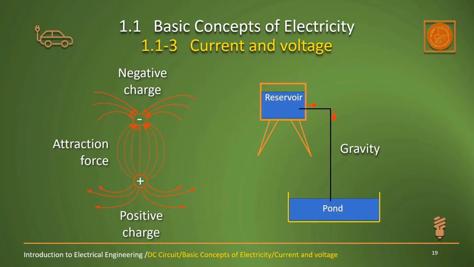This is a negative charge, which means more electrons. This is a positive charge, which means fewer electrons. They have an attraction force, like gravity, so the electrons will go back to the positive. If you put a path between the two charges, the electrons will flow through it and get neutralized.